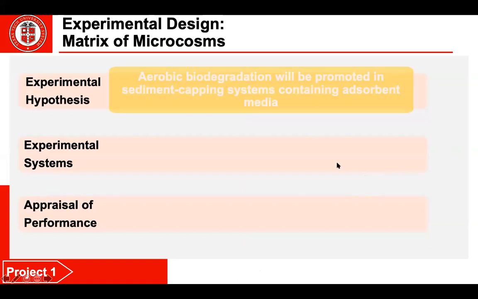So, the general experimental hypothesis is that we would see biodegradation promoted in systems that contain these absorptive materials. Our idea was that if the materials were absorptive, the pollutants would be very concentrated. The adsorptive materials would allow for prolific cellular growth, and we would eventually see a desorption gradient followed by transformation.